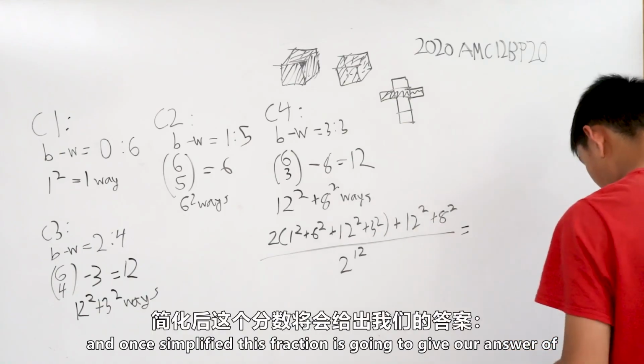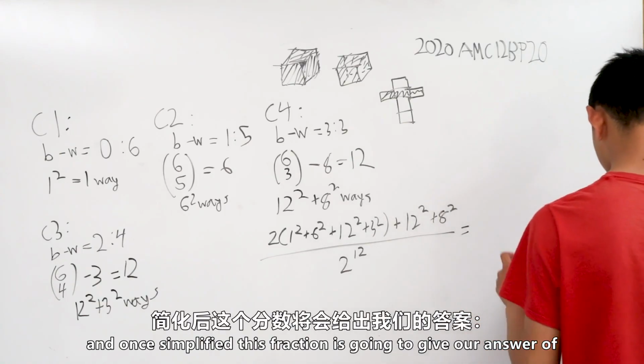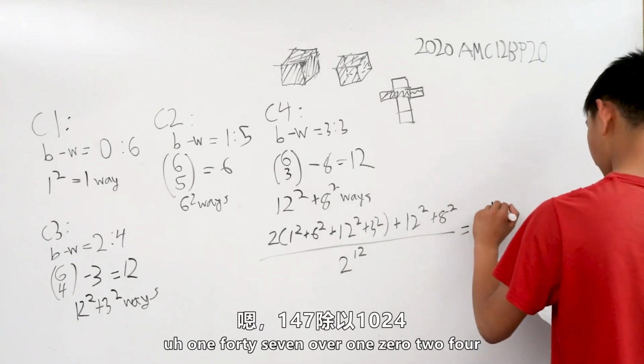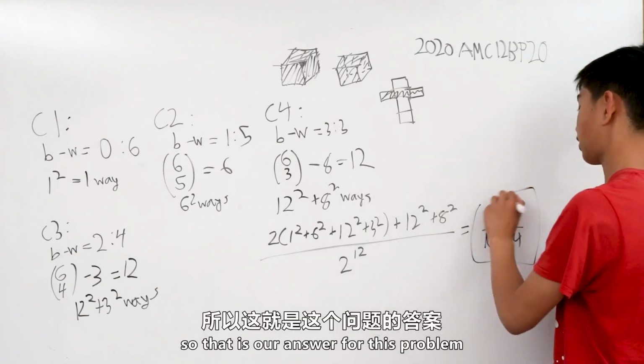Once simplified, this fraction gives our answer of 147 over 1024. So that is our answer for this problem.